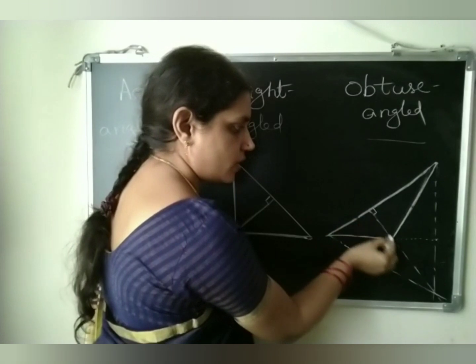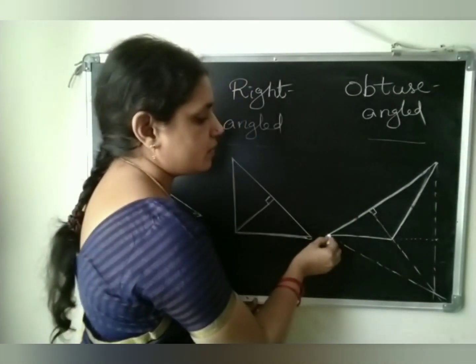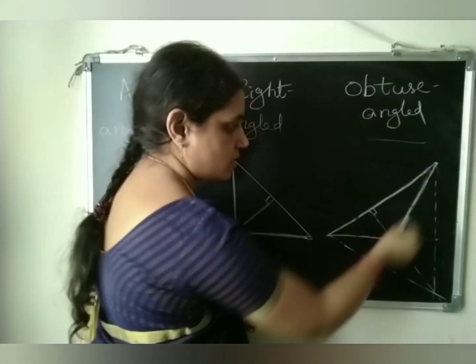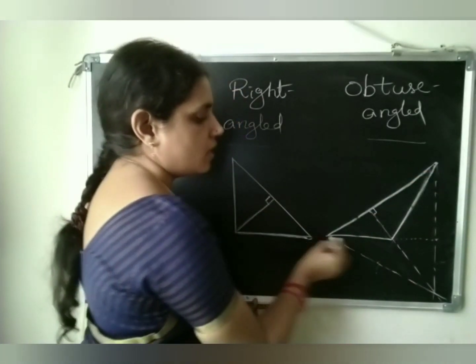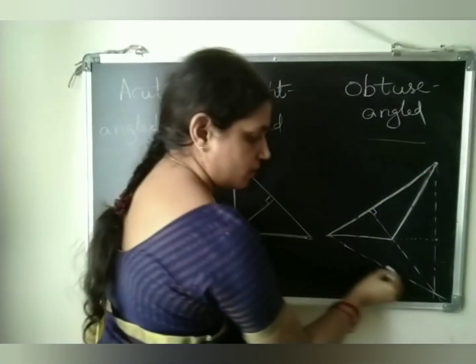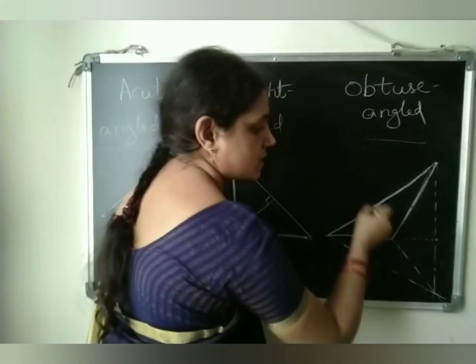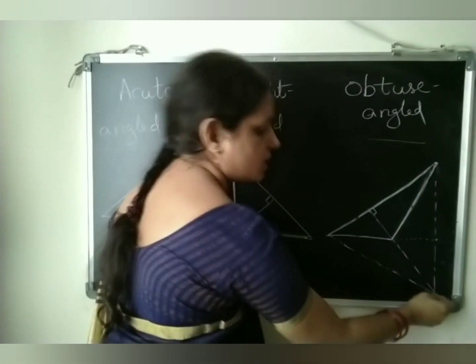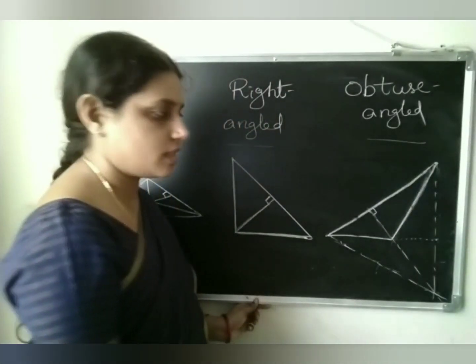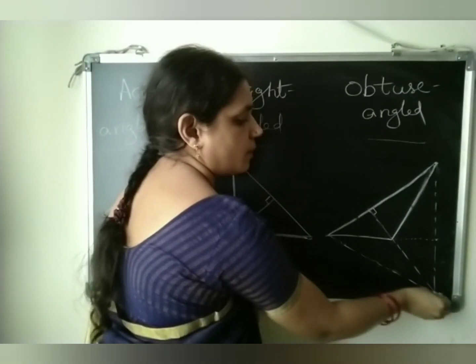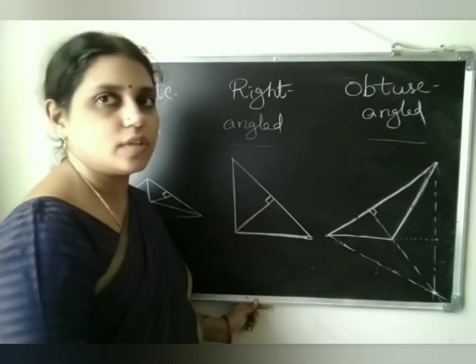And from this vertex, if you draw the perpendicular to the opposite side, this is the opposite side for this vertex, it may be in this way. Okay. Now if you extend all the 3 altitudes, then they will meet in the exterior. So here the orthocenter is completely lying in the exterior of the triangle.